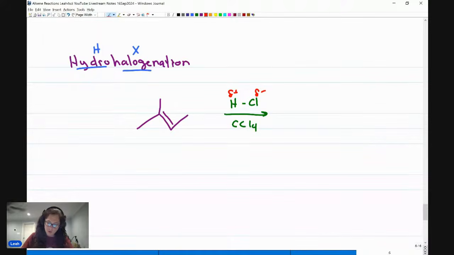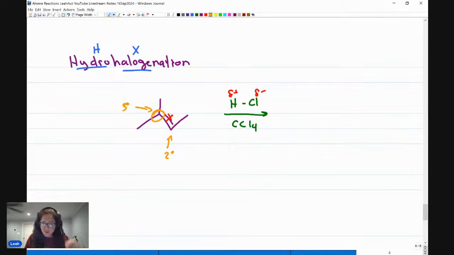And so we recognize that we have a carbocation intermediate. The pi bond breaks. Where does the carbocation go? Let's see. I have a tertiary carbon, a secondary carbon. We know that Markovnikov's rule favors the formation of the more substituted carbocation. So we know the carbocation is going to form there.